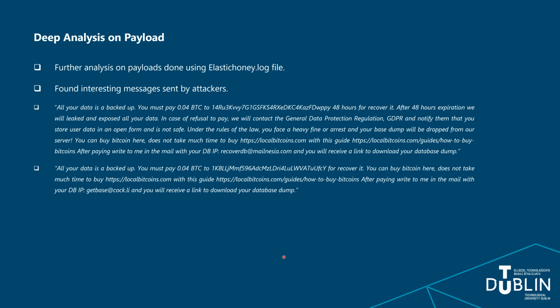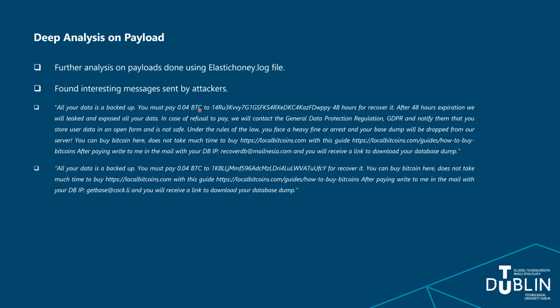Moving further, I got curious and analyzed the payload further. To analyze it, I downloaded the file elasticani.log from the server and went through the logs. I found two interesting messages sent by attackers.